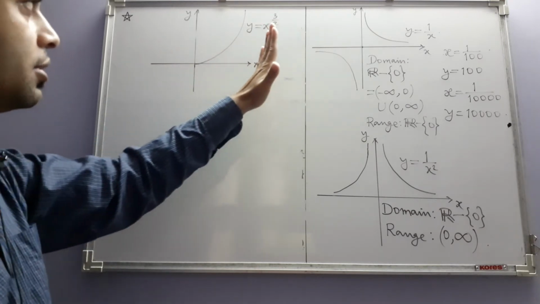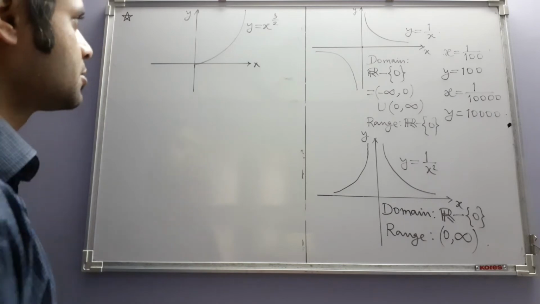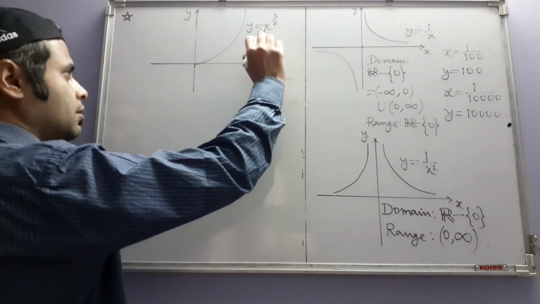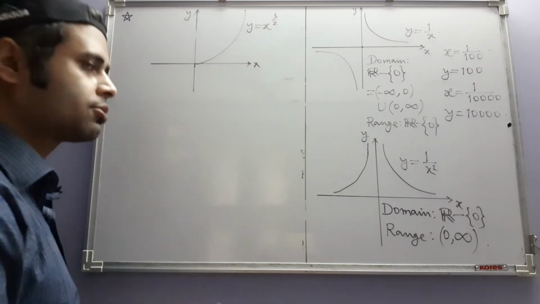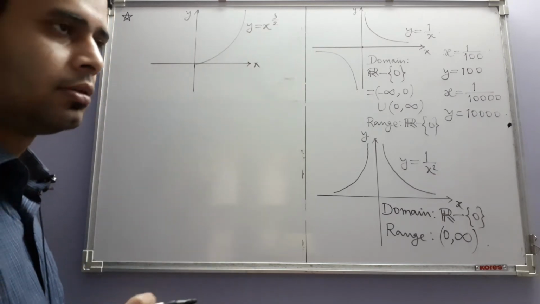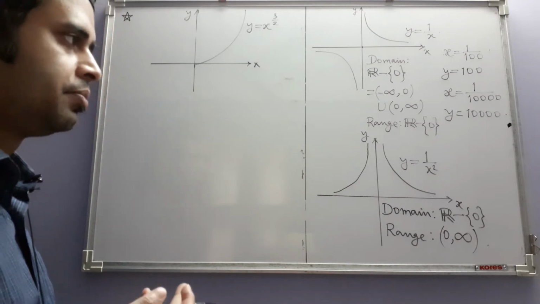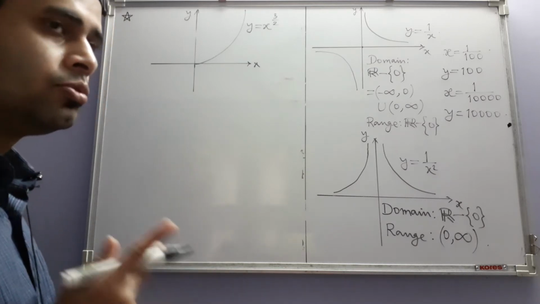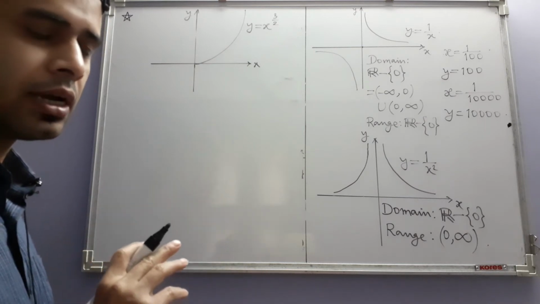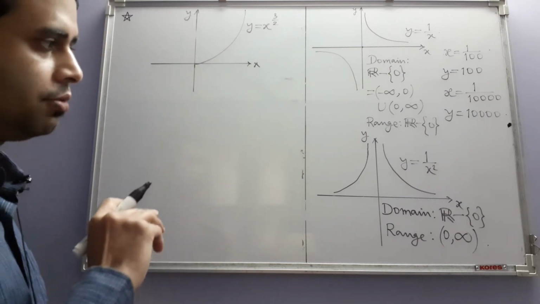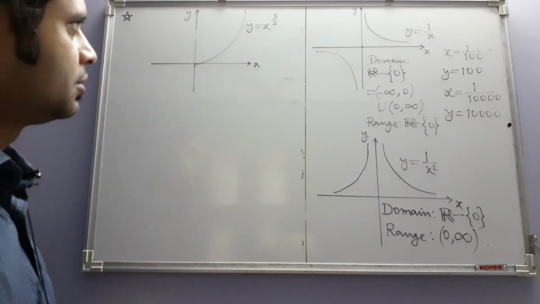For positive values of x, y is also positive, because this is the cube of the positive square root of x. For any non-negative real number, there are two square roots, minus square root of x and plus square root of x. If you take the square of both of them, you get x.